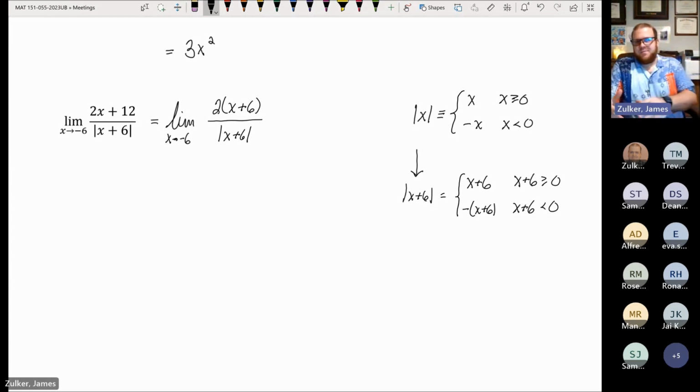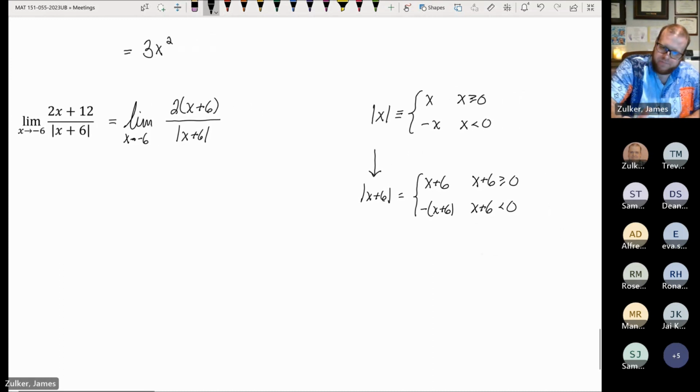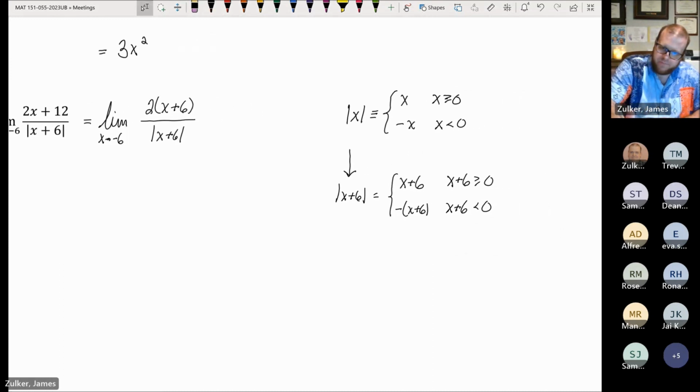Or it'll be negative the quantity of x plus 6 whenever x plus 6 is less than 0. We can rewrite this. We'll have x is greater than or equal to -6 or x is less than -6. Which means we're going to have to look at the one-sided limits here.